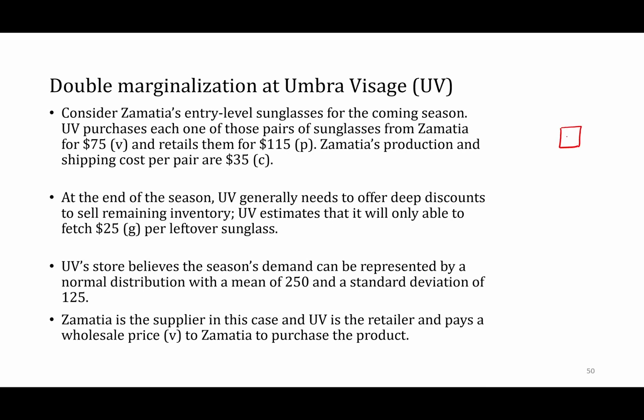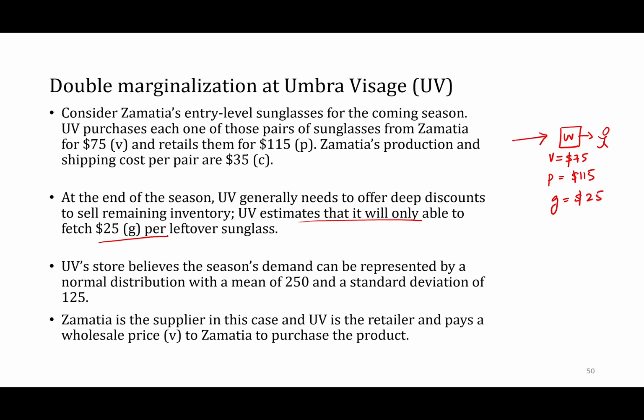In this case, UV, which sells to the customer, purchases their product, the sunglass, for $75, and then sells it to the end customer for $115. Anything that is unsold, they get $25. So their salvage is $25.